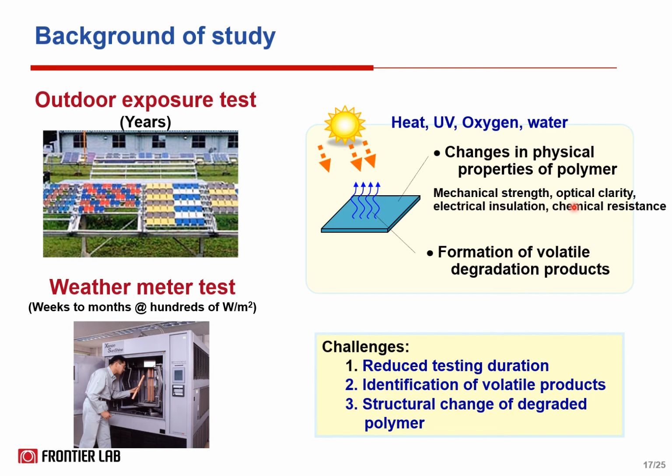However, there was no method to collect these decomposed volatiles during the degradation process. So the challenges of the conventional tests are to reduce testing duration, identify the volatiles during the degradation process, and understand structural change of the degraded polymer products.